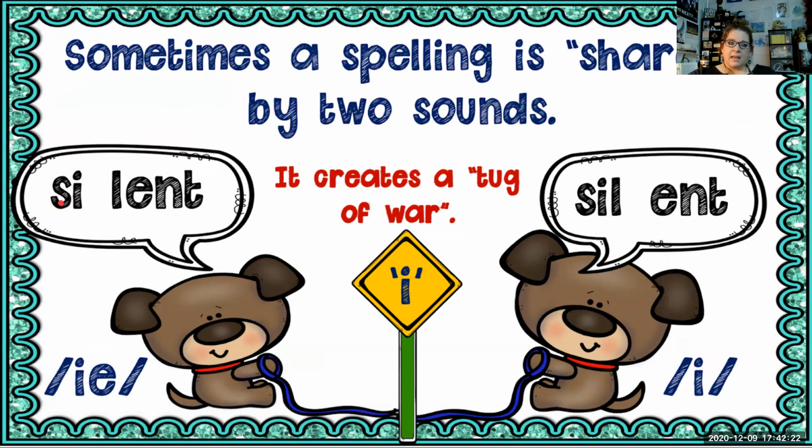Remember, when it's at the end of the first open syllable, it says long I. When the vowel is between two consonants, it is short I. Over here we have the word si-lent, and over here we have sil-ent. Which one makes more sense? It's silent. So it really is very important how you break apart those words with your syllables.